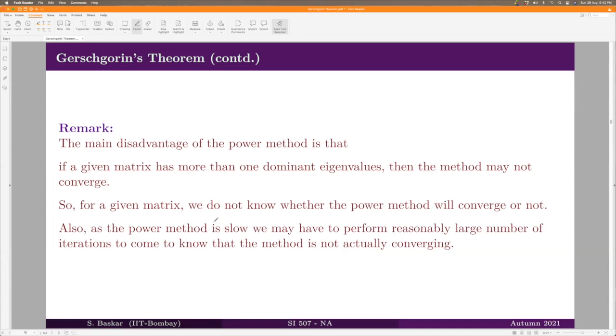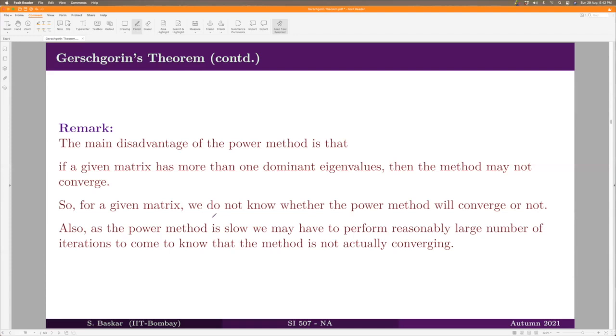This is in particular very useful because we have also seen in one of the examples that the power method converges very slowly. Therefore, you don't need to go for real-time computation to see whether your power method is converging or not. Sometimes it may go for several iterations, pretending as if it is not converging, but later on it may converge, because generally the power method converges very slowly.